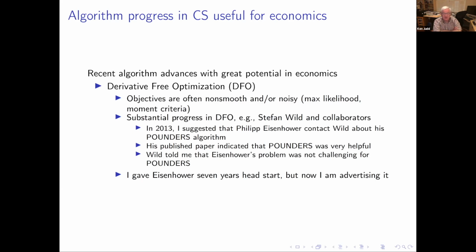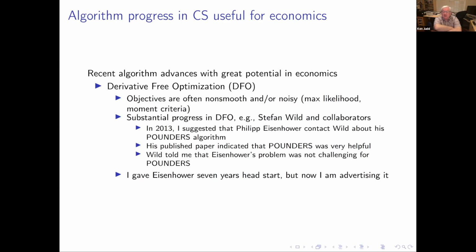However, that's a very crude kind of method. And typically in economics, the objective functions may not be smooth, but they are like smooth functions with some noisy ruffles on them. So these are called noisy objective functions.